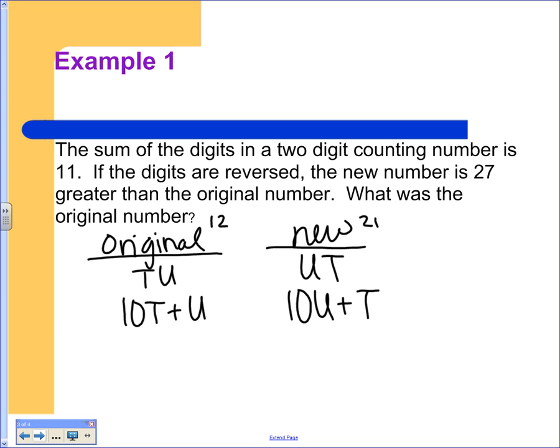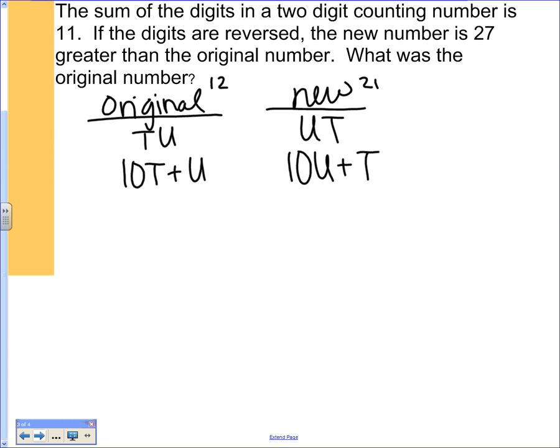We're just making our new and our original numbers. We started with tu, and that's 10t plus u. That is the number. We made our new number ut, which is 10u plus t.